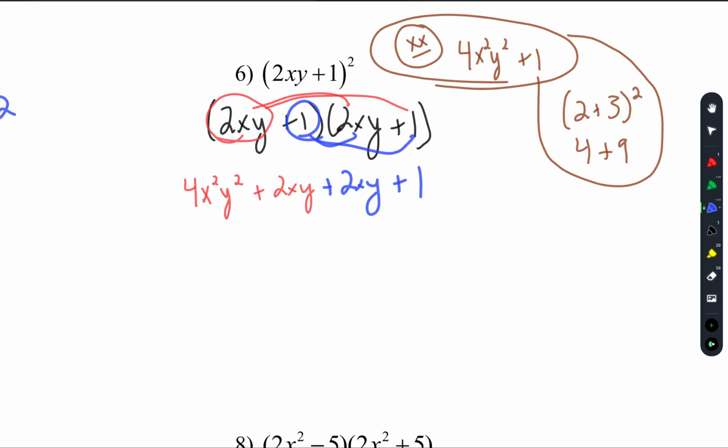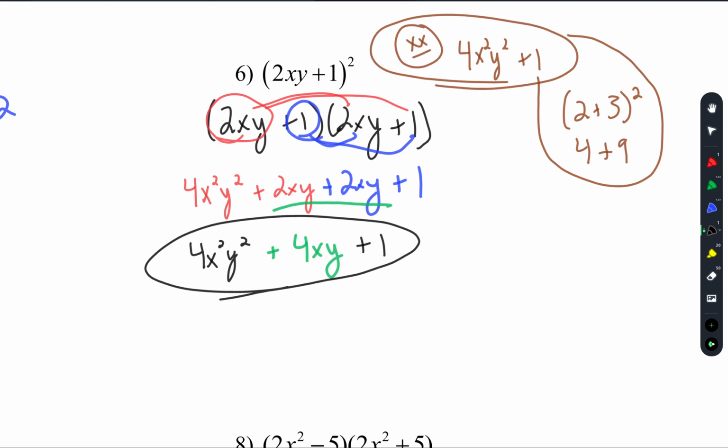Just like the other binomials, when you're multiplying them, these middle guys, you got to combine. They both have xy with it. So you're going to do 4x squared y squared and then combine those two together. So you have 4 of them. And then plus 1. So that'd be the answer. Because what we're going to do eventually is go backwards for factoring, which hurts the brain really bad, but you'll be fine.